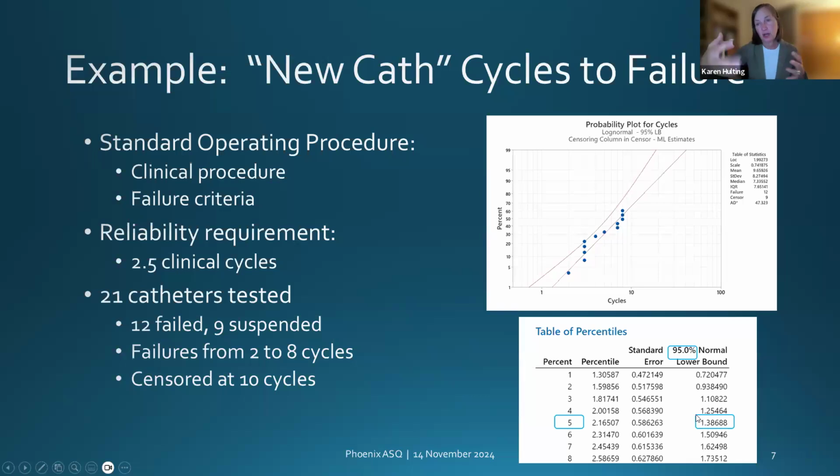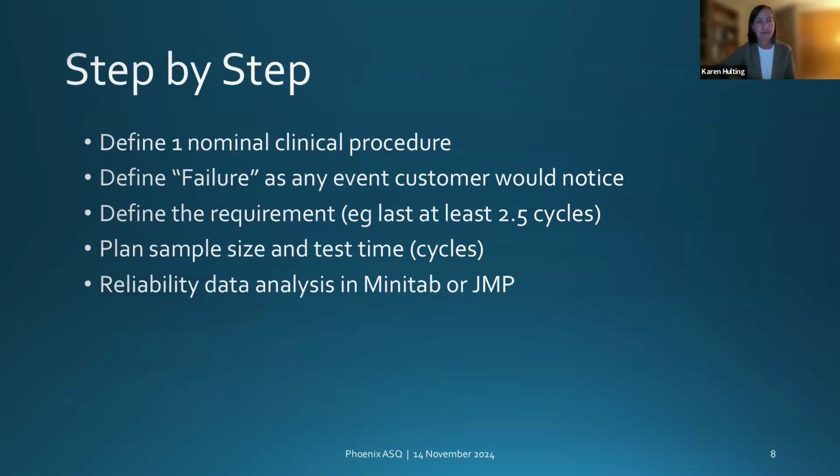So we're going to talk about how we get to this estimate. And not surprisingly, that estimate is a little low, right? So by doing this work up front, we've discovered that we need to make some design changes in order to raise that reliability performance.